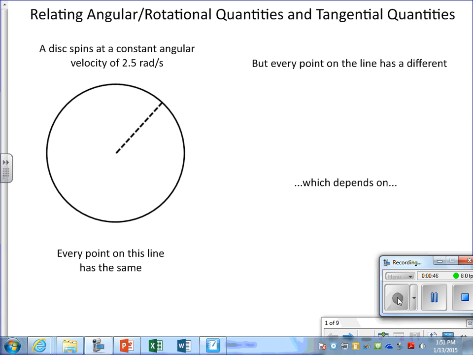Okay, so here's sort of an older one from our last video, but here we have a disk that spins at a constant angular velocity of 2.5 radians per second. All right, so if we were to take a point here and here and here, well, every point on this line has the same angular velocity.